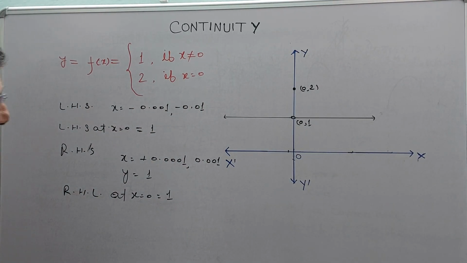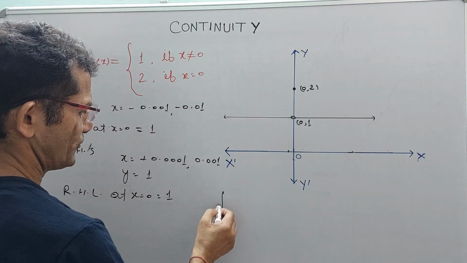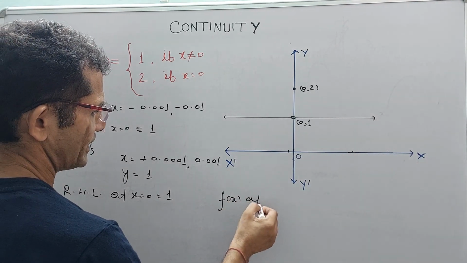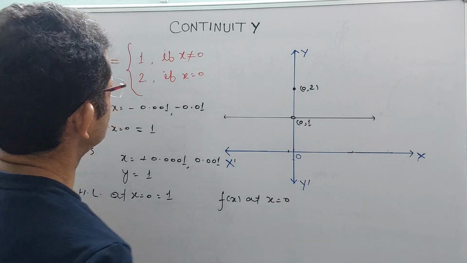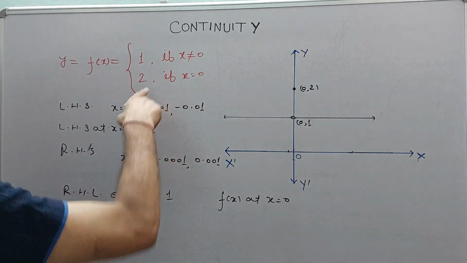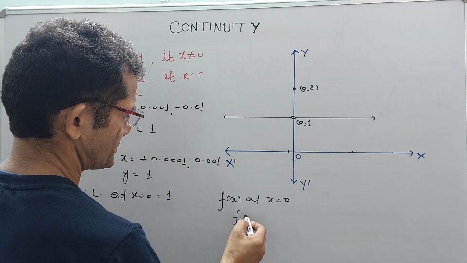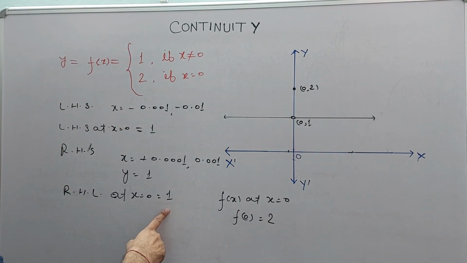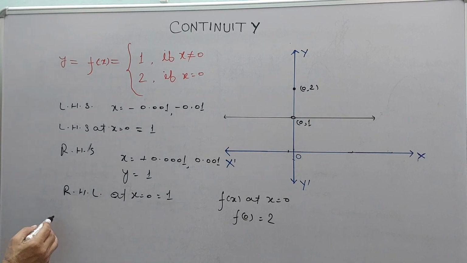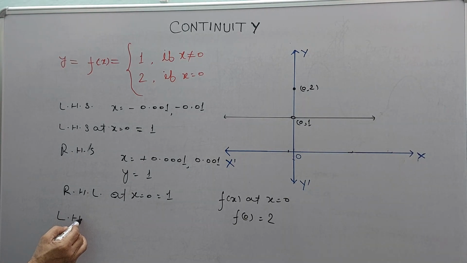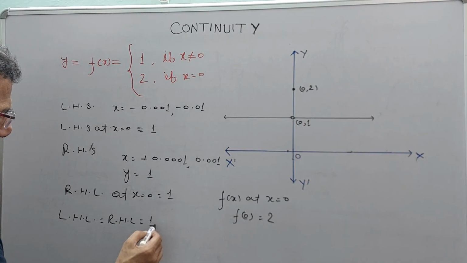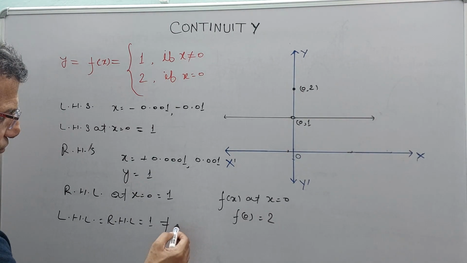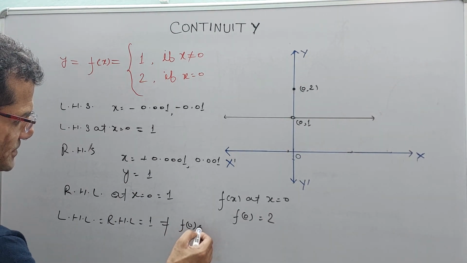But your functional value f(x) at x equal to 0 means that f(0) is 2, which is not equal to 1. So mathematically we say that the left hand limit is equal to the right hand limit, which is equal to 1, and this is not equal to our functional value f(0).